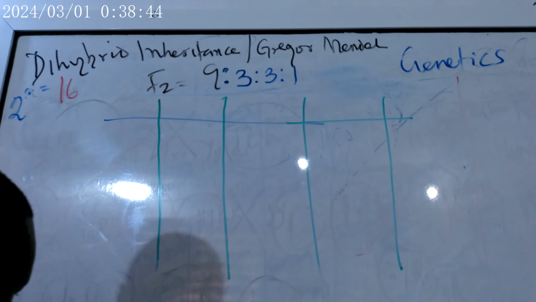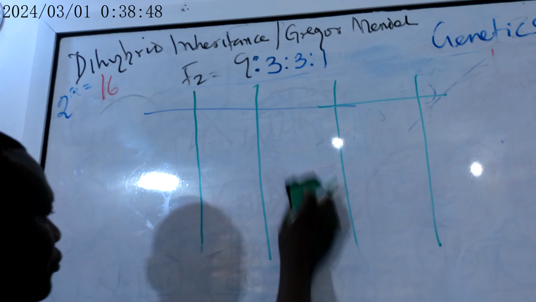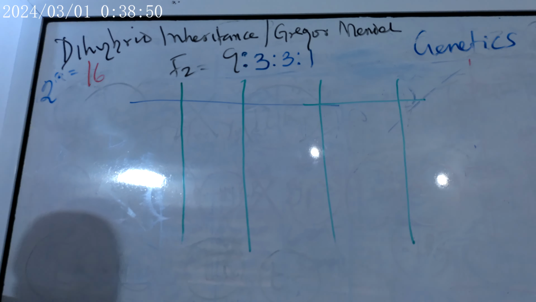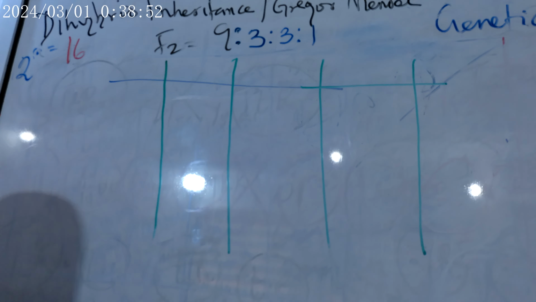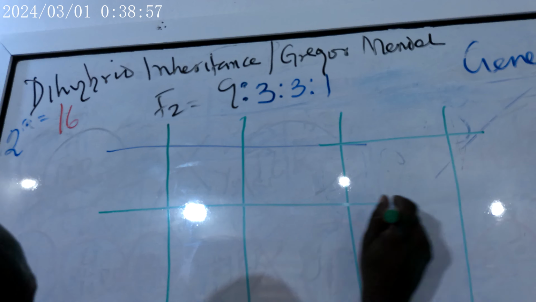You must be able to create enough space, because apart from the genotype, you still need to interpret your results. This is very, very important in genetics. You need to know.